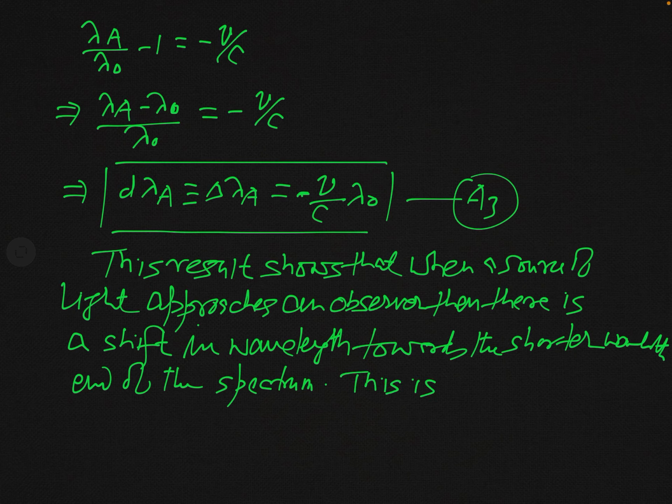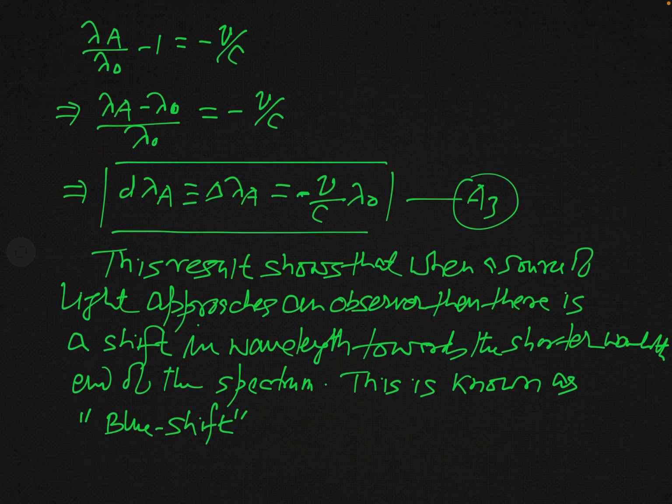So this is known as blue shift. But in fact, in case of celestial bodies, that is, when the observer on the earth observes the light coming from any celestial body like a star, this blue shift is actually not observed.